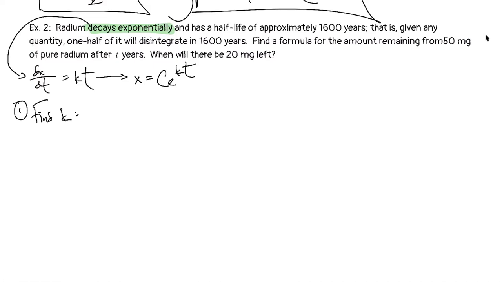So what are our initial conditions before we start finding k? 50 milligrams. Can you please give it to me in the same format that we had our previous initial condition?